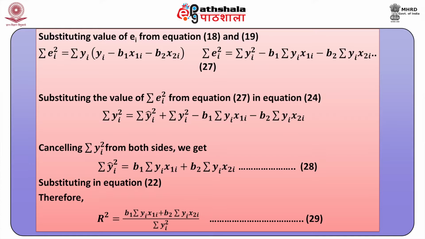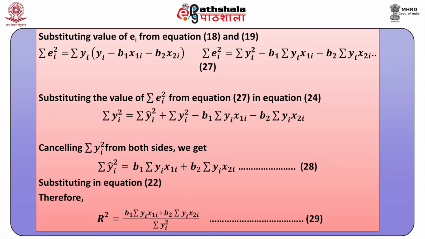Substituting the value of sigma Ei square from equation 27 in equation 24, sigma yi square is equal to sigma yi cap square plus sigma yi square minus B1 sigma yi x1i minus B2 sigma yi x2i.